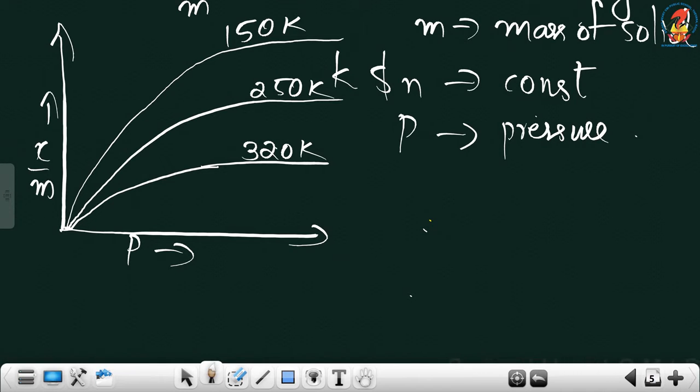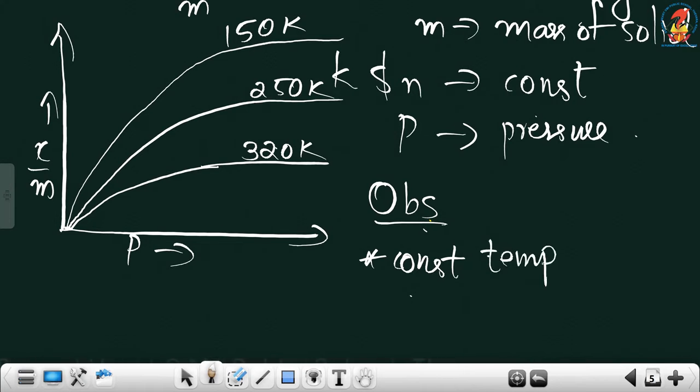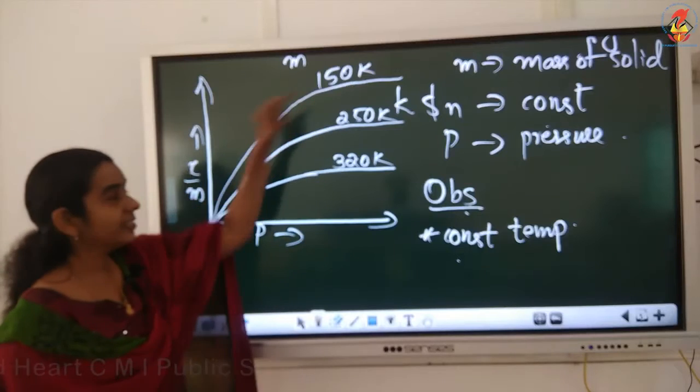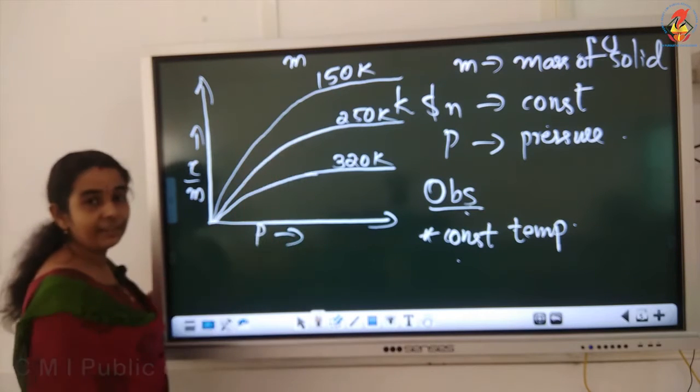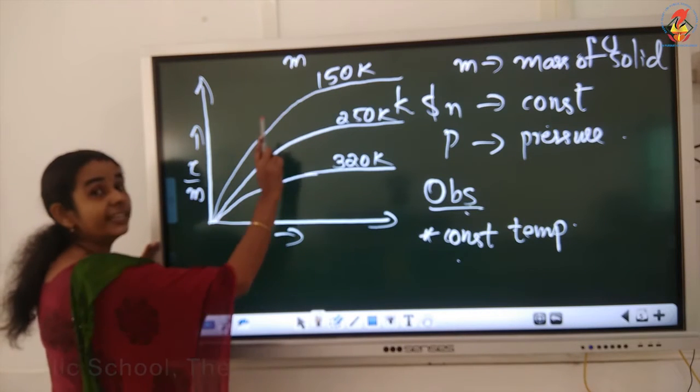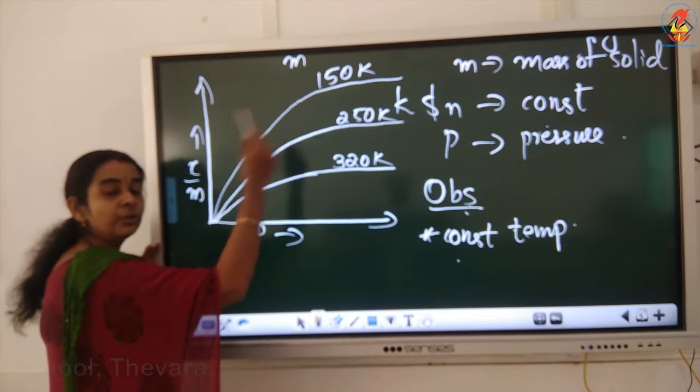The first observation is what happens at constant temperature. Let us take 150 Kelvin. When we increase pressure, x by m also increases.